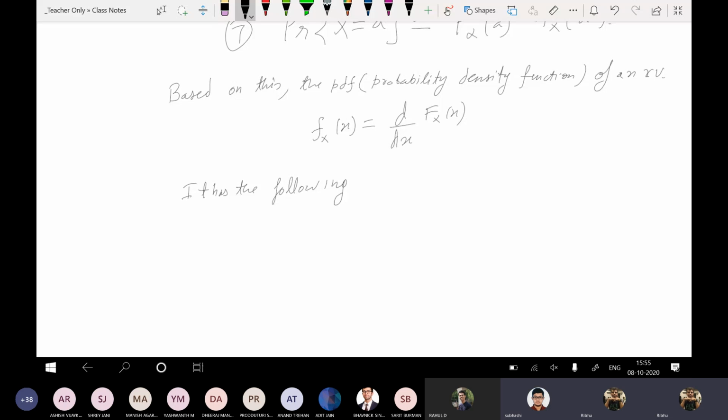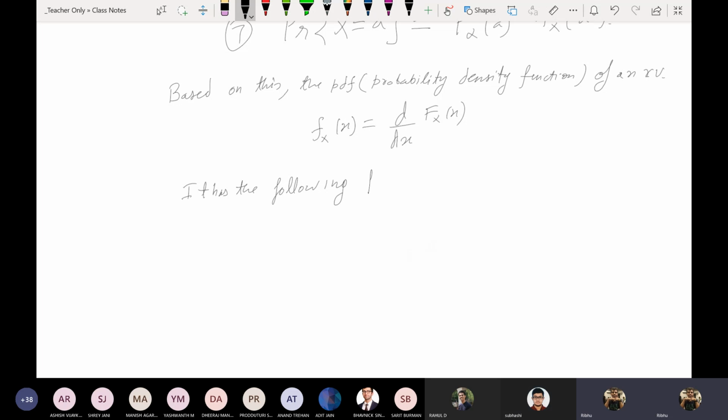But for a third year course, I believe we can get away with using the Dirac delta. The PDF has the following properties.